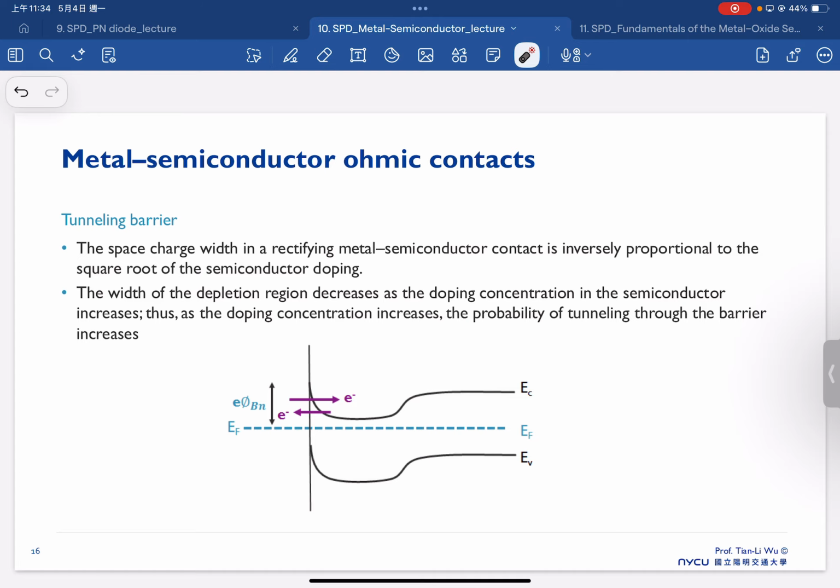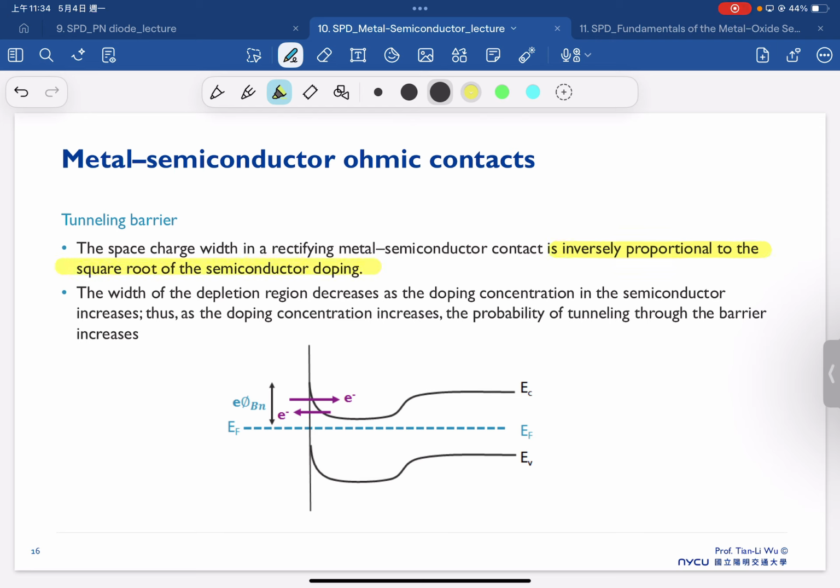So there's one additional concept that we call the tunneling barrier. The idea is very similar. Just try to look at this with very high doping, because the space charge width in the rectifying metal semiconductor contact is inversely proportional to the square root of the semiconductor doping.